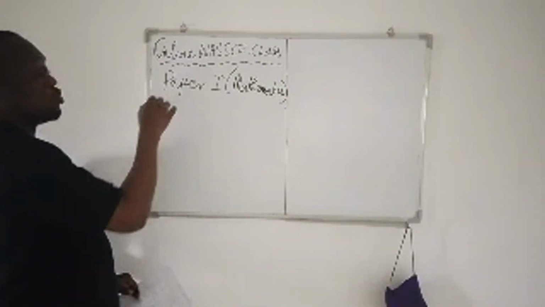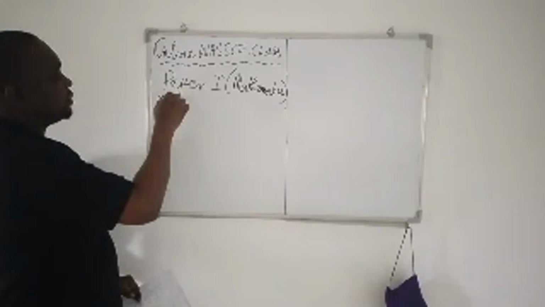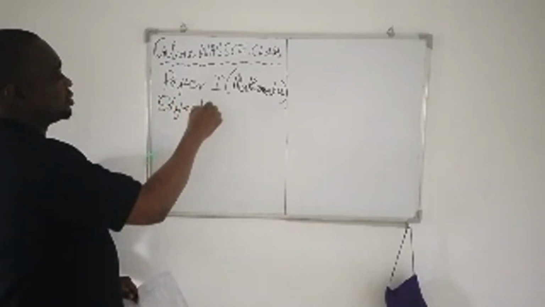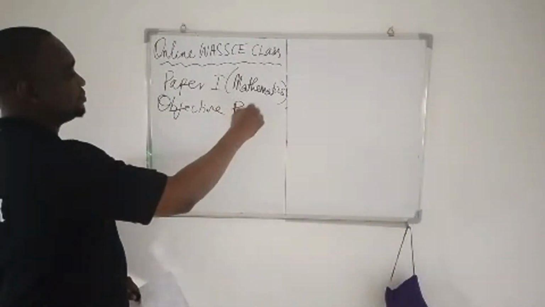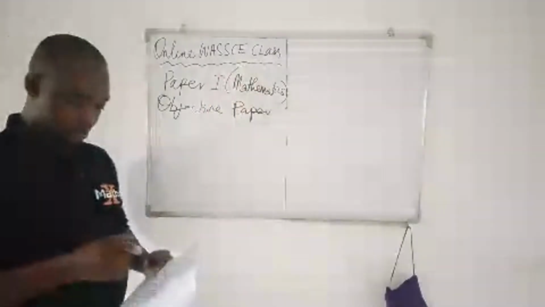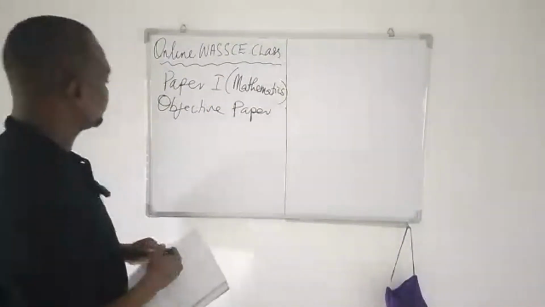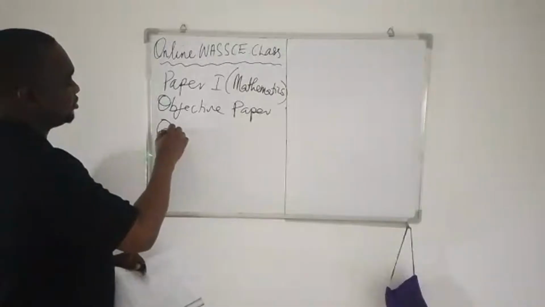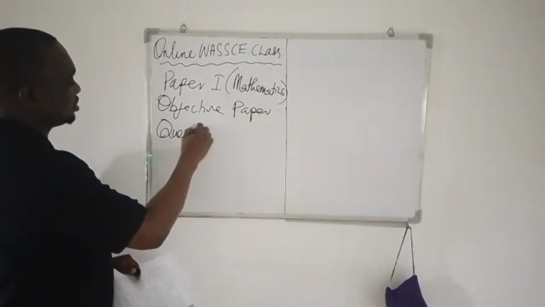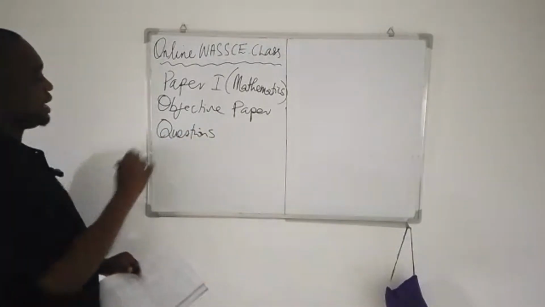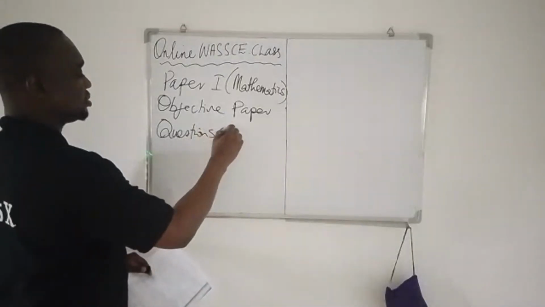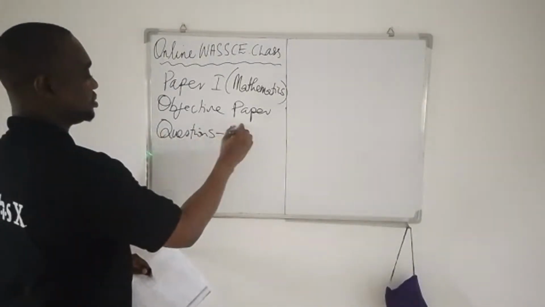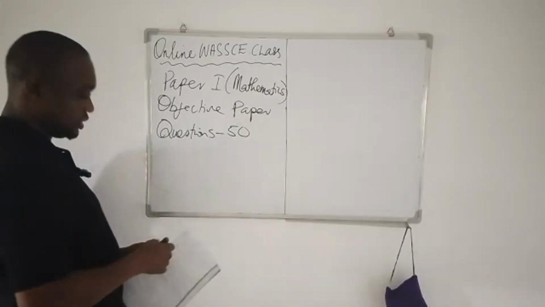is what is called the objective paper. Paper one has 50 questions.